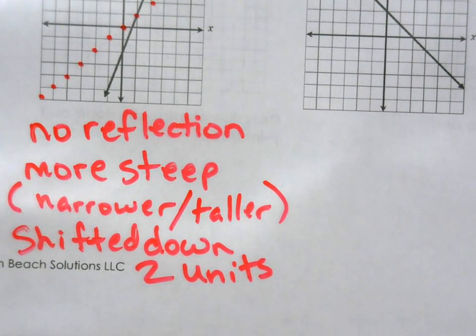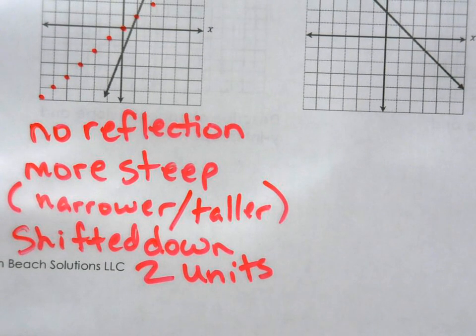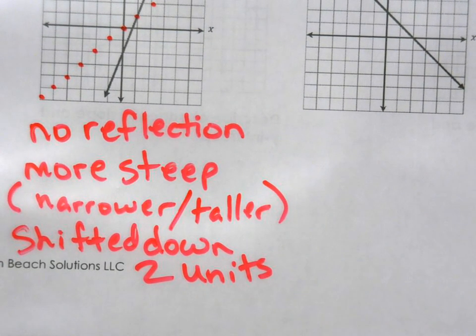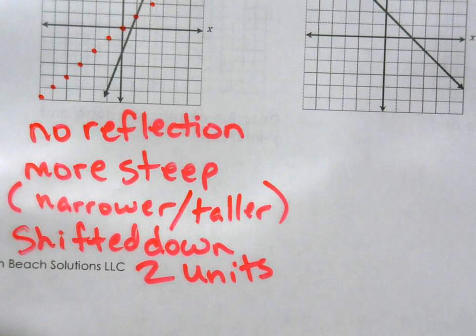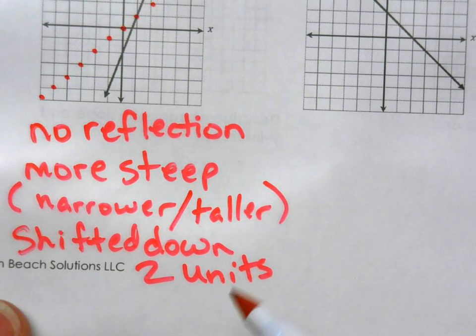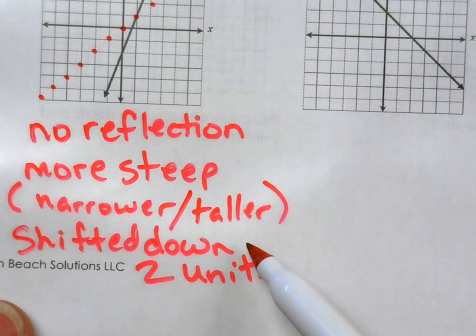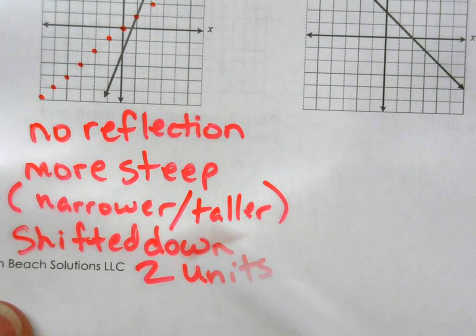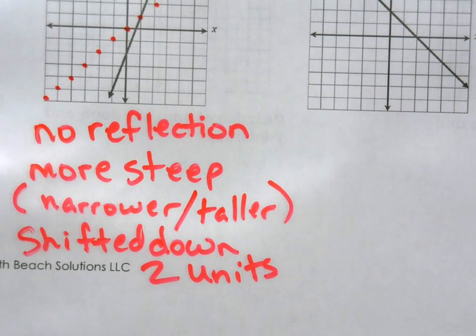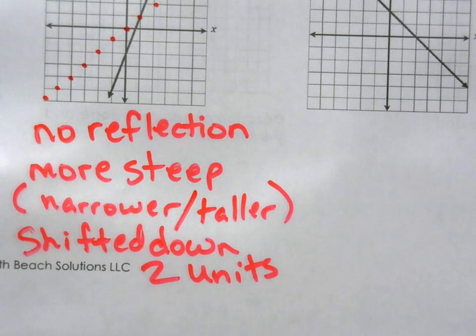Notice that I don't say shifted -2 units. You use the description up or down and however many units it is. We don't use positive or negative when we're shifting. So it shifted down 2 units.